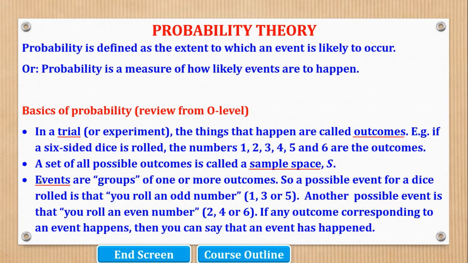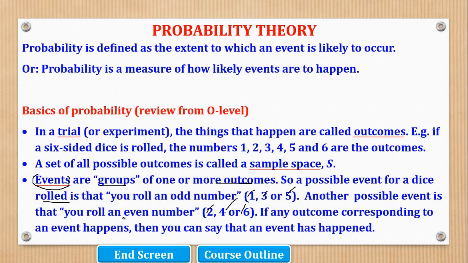Then another term you learned in O-level is events. Events are groups of one or more outcomes. A possible event for a dice rolled is that you roll an odd number. An odd number can be 1, 3, or 5. Another possible event is that you roll an even number: 2, 4, or 6.